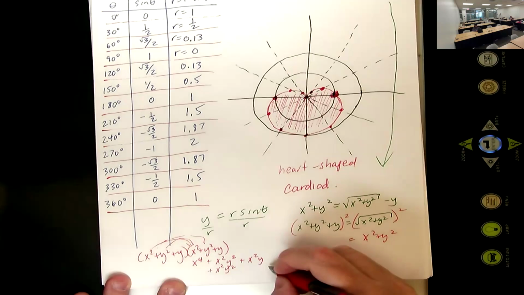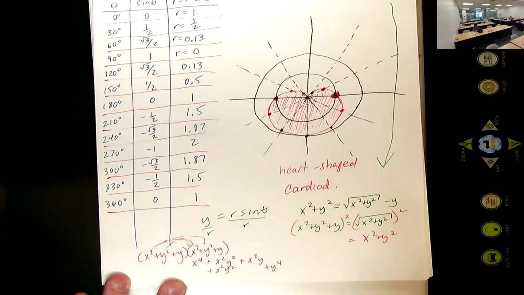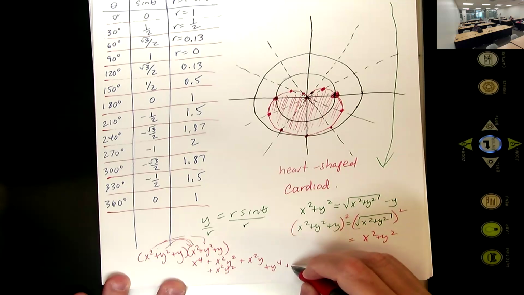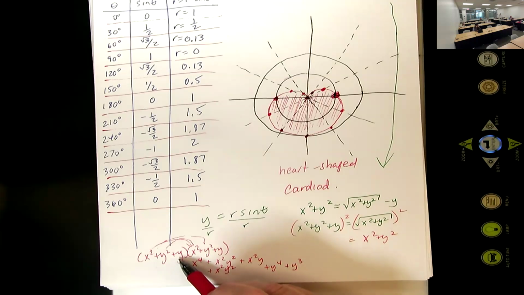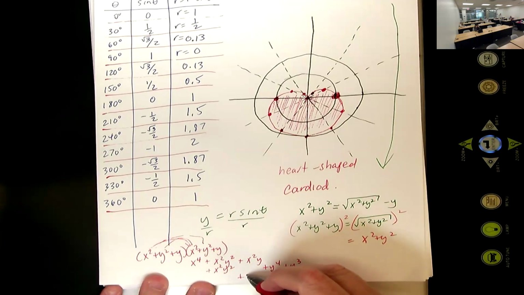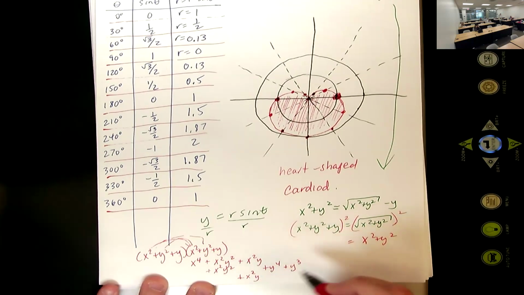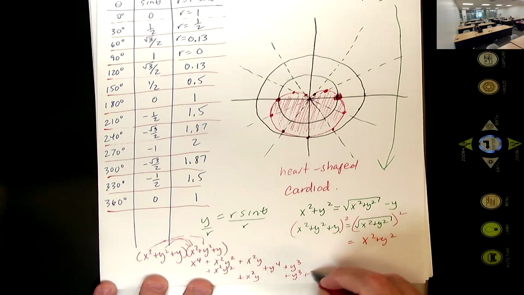Y squared times y squared is y to the fourth, and y squared times y is y cubed. And then I distribute the y times x squared, which is yx squared, this one again. I've got another y cubed and a y squared.